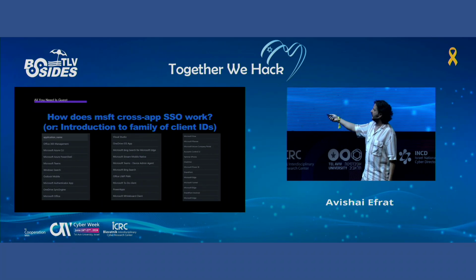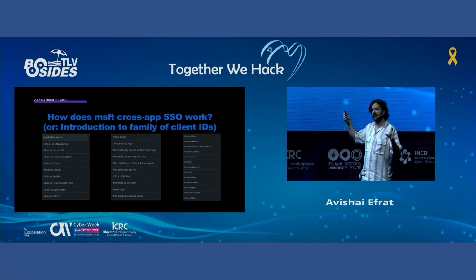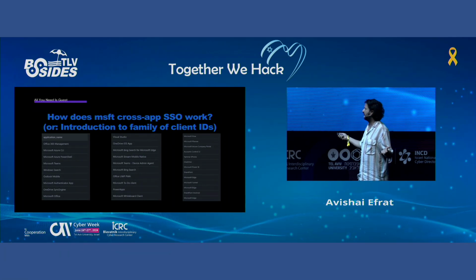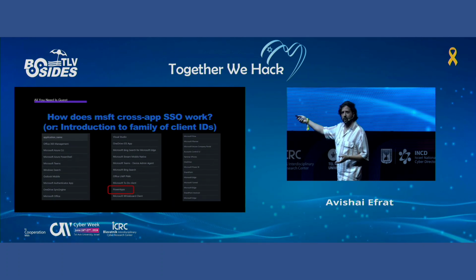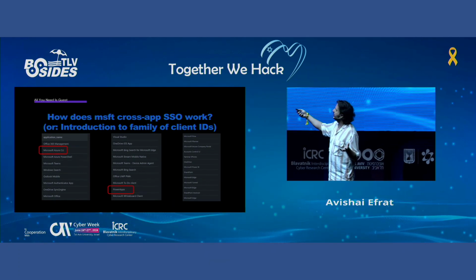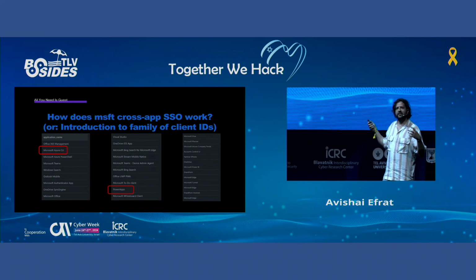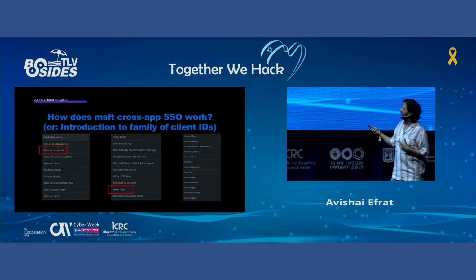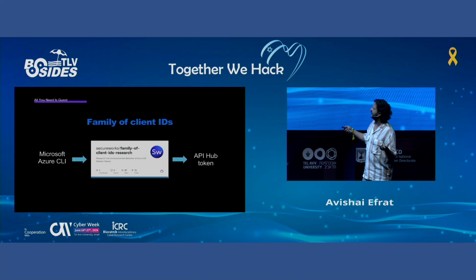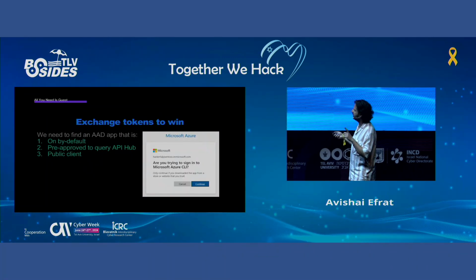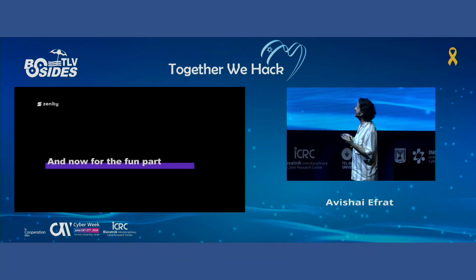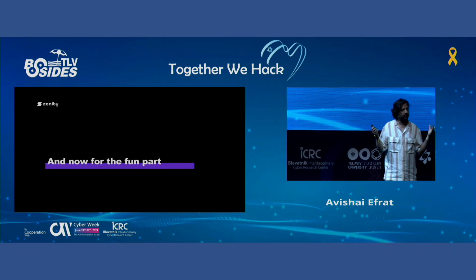So this is a family of tokens, for example. And notice that if we compromise one, we basically compromise all of them. So Power Apps is what we wanted. It worked. And we can also use the Azure CLI, because we know that we can generate tokens on demand. So would that work? Could we create one and exchange for the other? Well, yes, that works. We get a login screen, and that's a full home run.